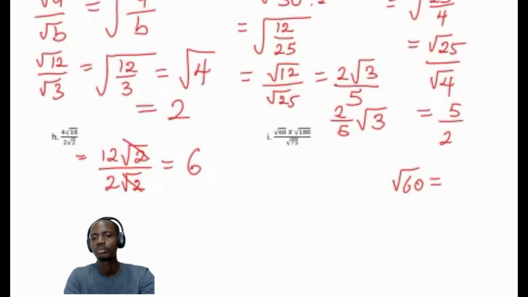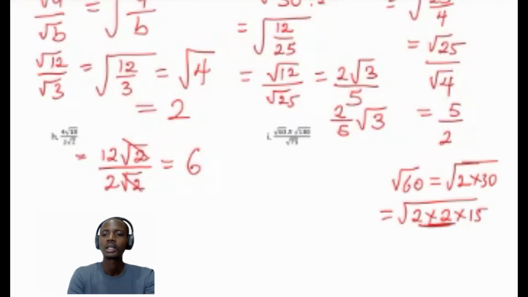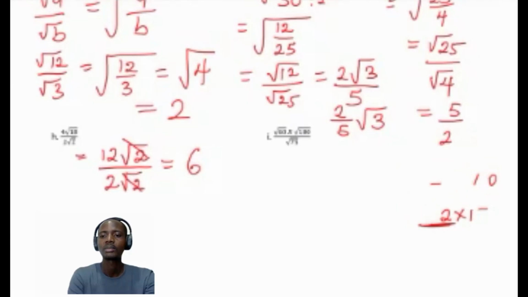So we know 60, we can say it is 2 times 30. Then we can further split 30. 30 is 2 times 15. Now we know that 2 times 2 is 4. So we can simply write it. So root 60 can simply be written as root 4 times 15.